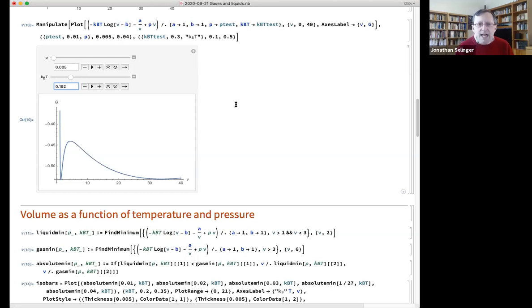Okay? And this is something which is actually familiar from everyday life. I mean, not everyday life in Ohio, but everyday life in cities at high altitude, like Denver, Colorado, right? And so, if you go to a high altitude, then water boils at a lower temperature, right?